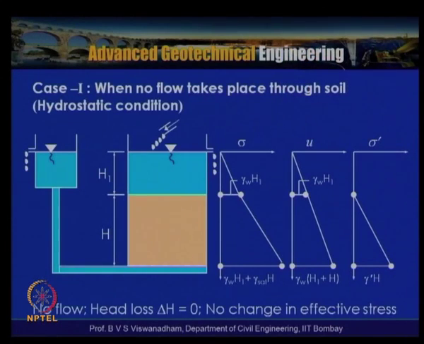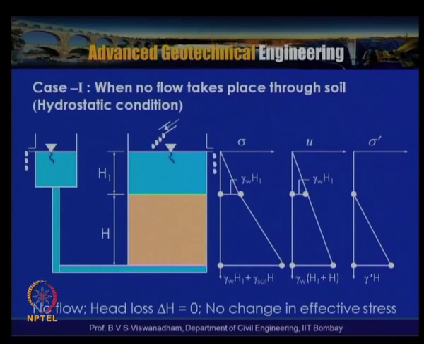So in this particular slide, three cases are possible. One is when no flow takes place through the soil, a hydrostatic condition. Here we have a saturated soil of thickness H, and H1 is the head of water, which is maintained constant.